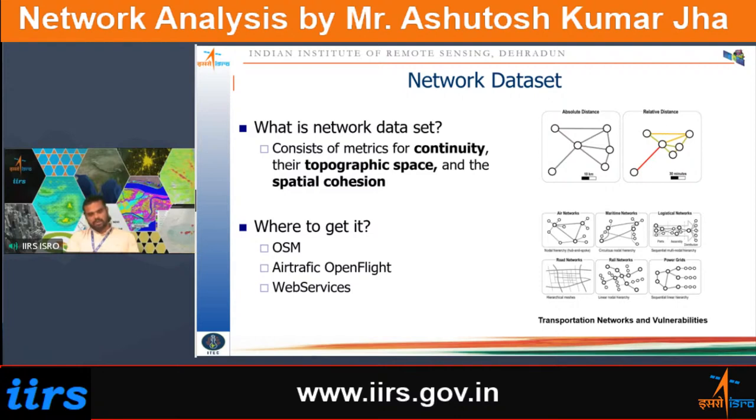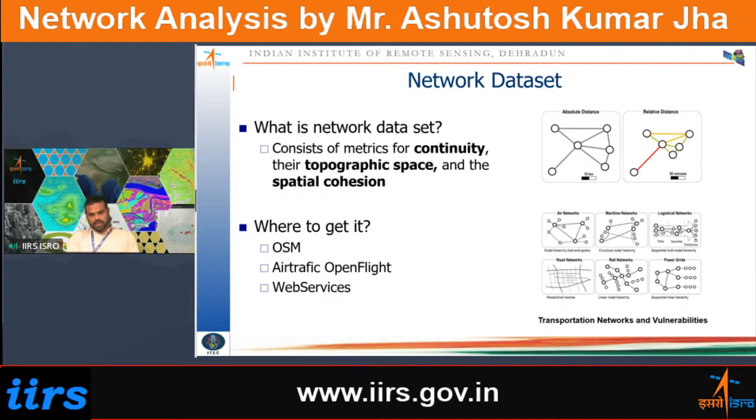cannot be directly used in your GIS applications. You need to do some kind of pre-processing on top of that. Those pre-processing steps are like removing diagonal points. In some cases, you can also use a few libraries which can help you in cleaning and providing the proper topological relationship or hierarchical relationship built in your data sets.